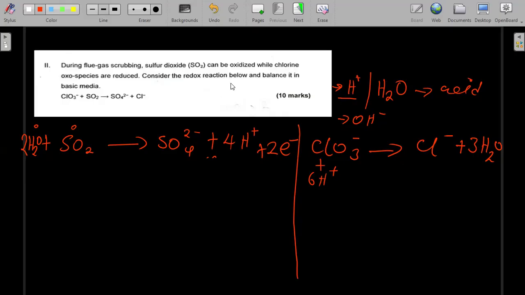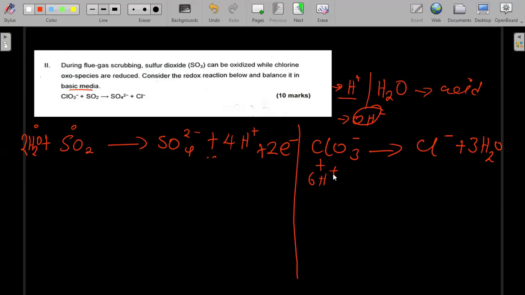Remember, we said we are balancing in basic media, but the method you are going to follow will balance in acidic media. Then later on, we convert it to basic media by adding hydroxide ions. That's the reason why we're adding 6 hydrogen ions there to balance off the hydrogen atoms. Okay, so the atoms are balanced.